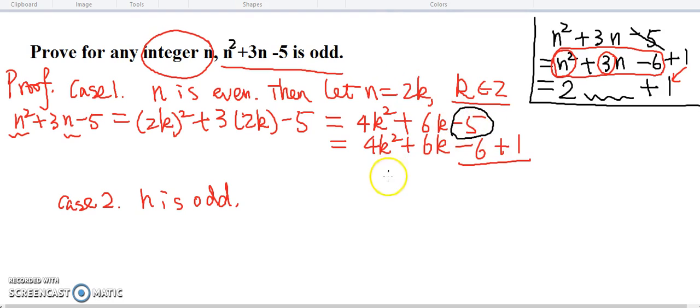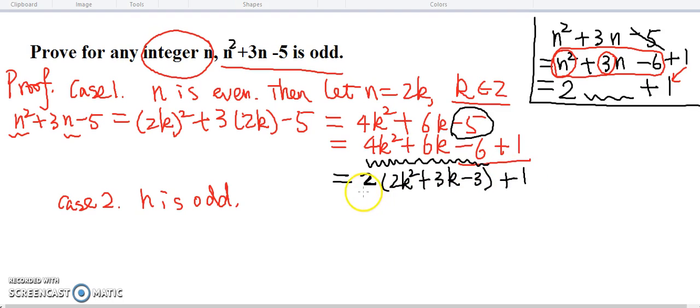Now we can put all these first 3 terms together, because they all have a common factor 2. So I'm going to factor out the 2, and that will give me 2 times k squared plus 3k minus 3, and copy the plus 1. This is exactly the format we need, 2 times integer plus 1. And this is odd.